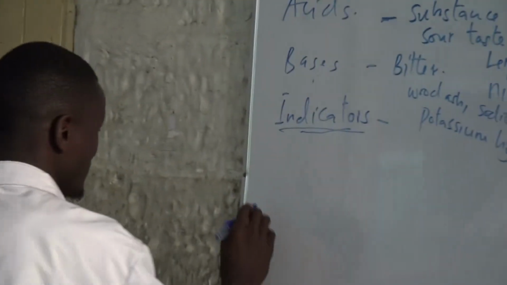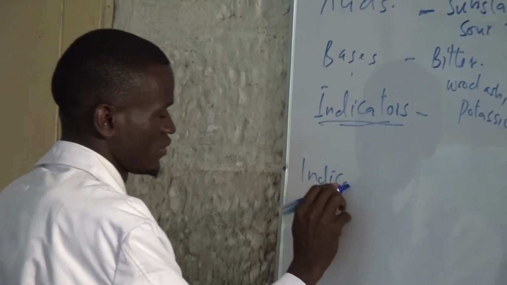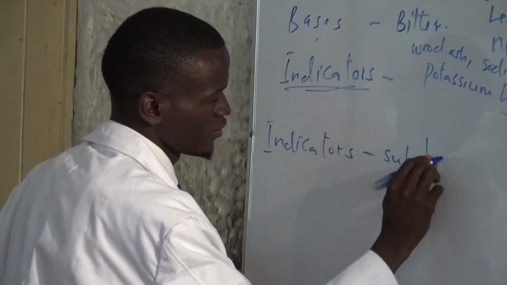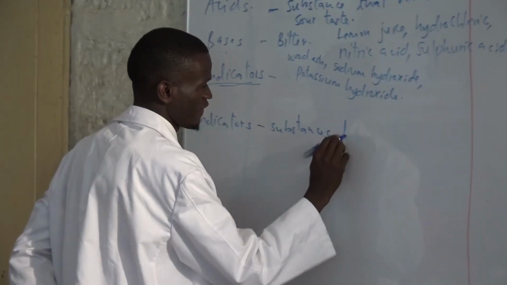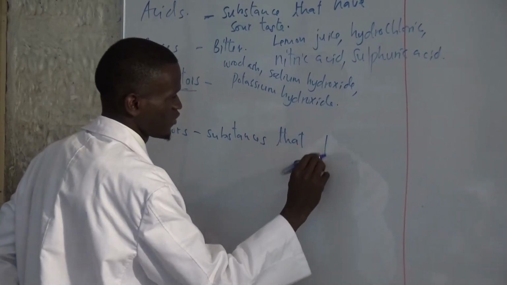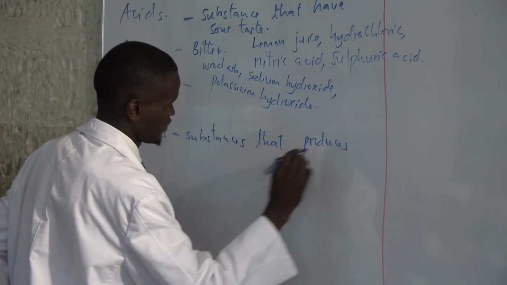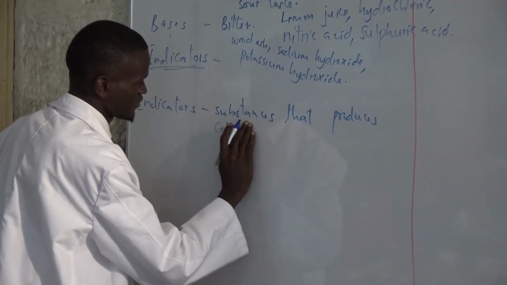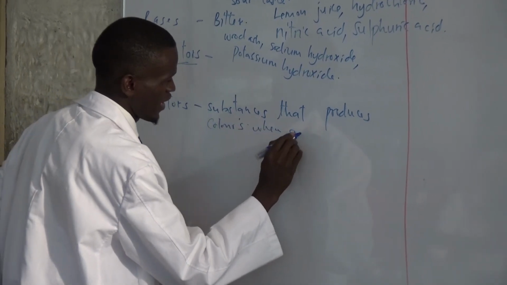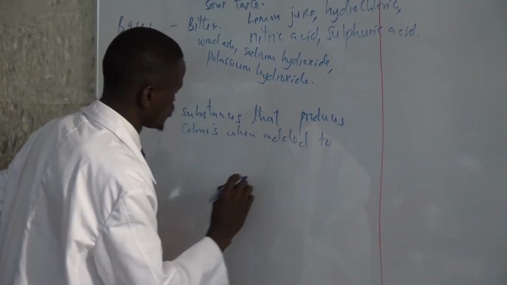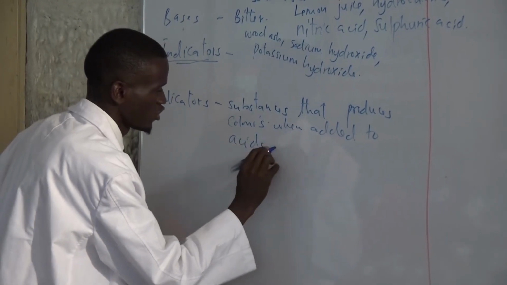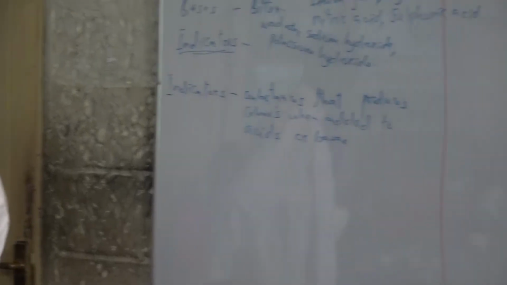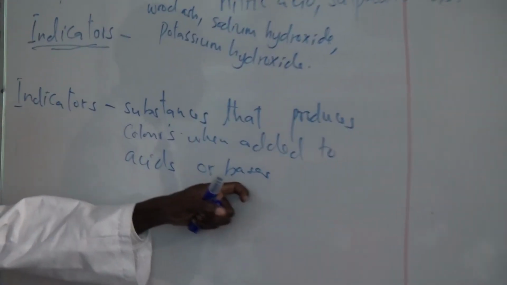Indicators are substances that produce colors when added to acids or bases. They produce different colors when they are added to acids or bases.